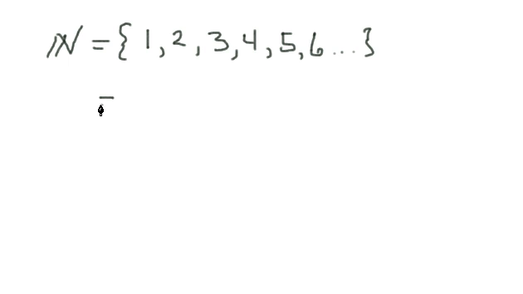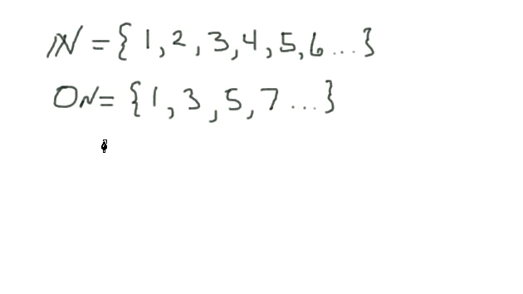If I were to say, let's look at this set here. This is kind of a special set. As you can see here, this is the set of odd numbers, right? And we'll call this one even numbers.